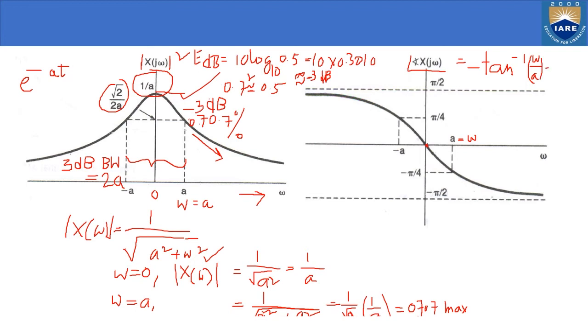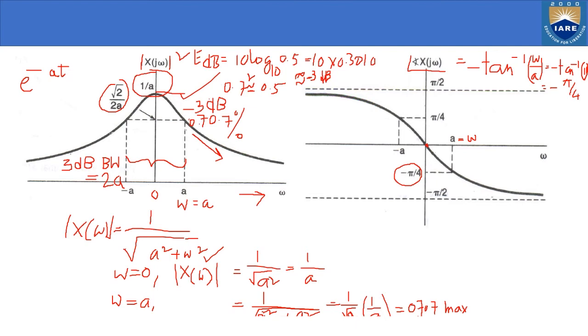So this is nothing but minus tan inverse 1, because omega equal to A. When I take tan inverse 1, this is 45 degrees. That is minus pi by 4. This is the phase function.